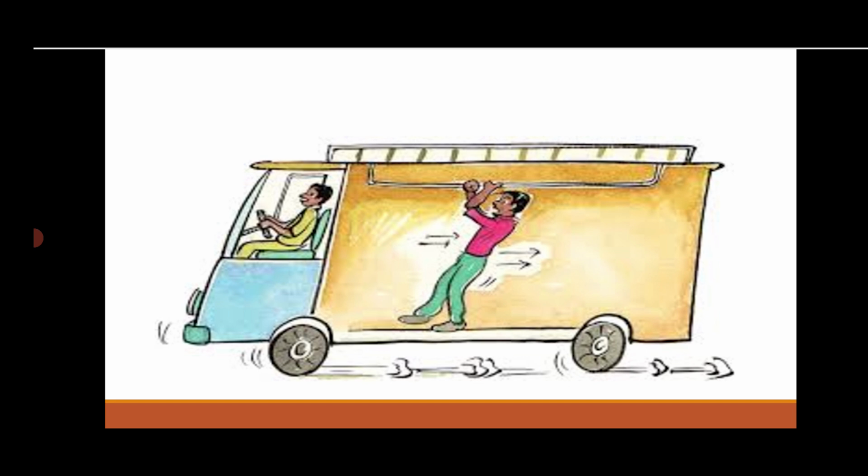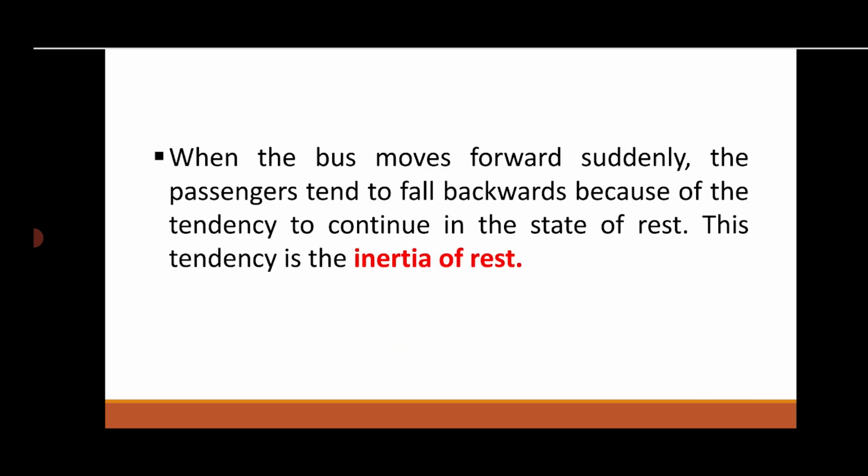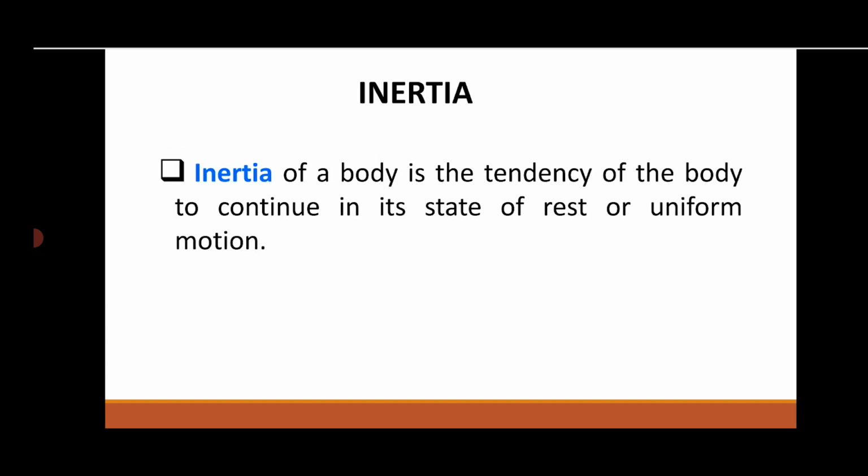When the bus starts suddenly, the lower part of the body moves with the bus, but the upper part of the body remains in the state of rest. This tendency is known as inertia of rest. Thus inertia of rest is the tendency to continue in its state of rest. Now we can define inertia: the inertia of a body is the tendency of the body to continue in its state of rest or uniform motion.